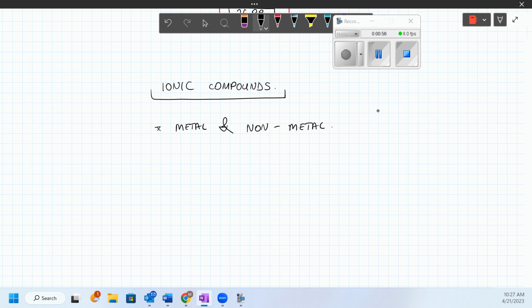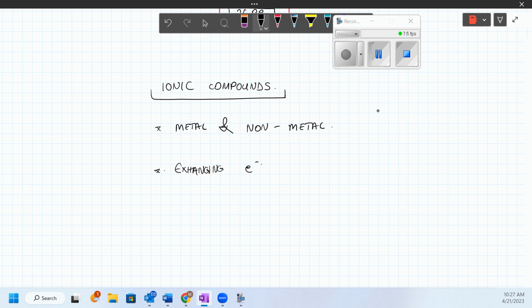What the two elements in an ionic compound are doing is exchanging electrons. What does it mean?